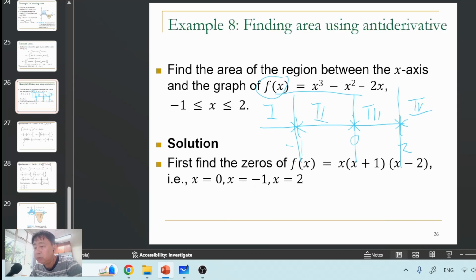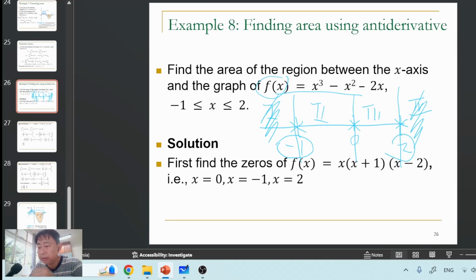When we go back to this, fortunately we are only asked to integrate between -1 and 2. Therefore, we can ignore these regions. Here is -1, here is 2.